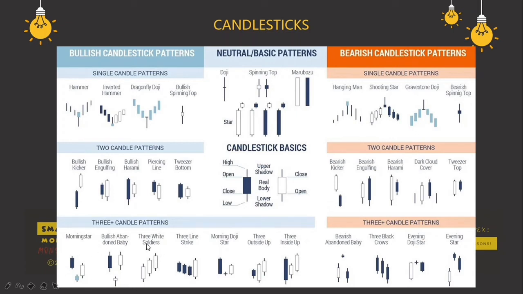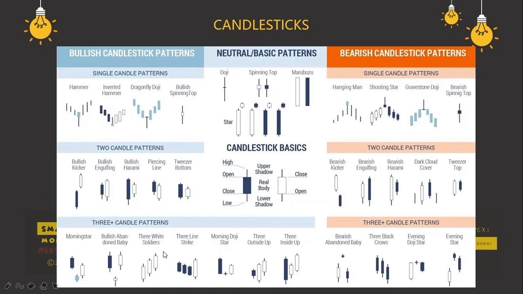You can also have them in three candle patterns. It's a whole lot to go into. As we go on, we might get to learn more of these things. But I must tell you, I'm not a price action trader, really. So I'll just tell you what you really need to know to get started.